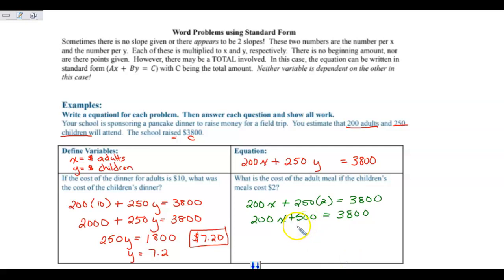And now we're going to subtract 500 from both sides. 500 from 3,800 is 3,300. And then we're going to divide both sides by 200. And I get 16.50. And so the cost for the adult meal would be $16.50.